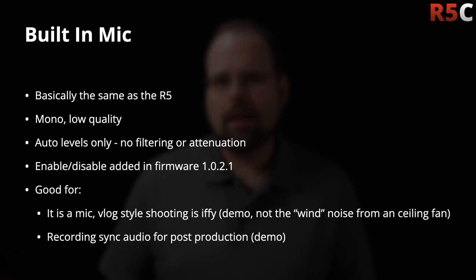So we have very little control over the dynamics of your recordings if you happen to be using the built-in mic, which quite honestly makes this somewhat less useful than the microphone in the EOS R5. You have control over that built-in mic there, while you don't have it here. So even though you're not going to get the greatest quality sound out of the built-in mic, at least on the R5, you can tune it a little bit. So with that said, what is this mic good for?